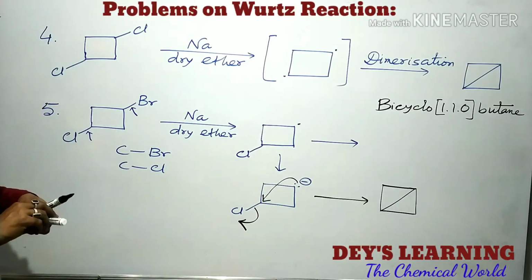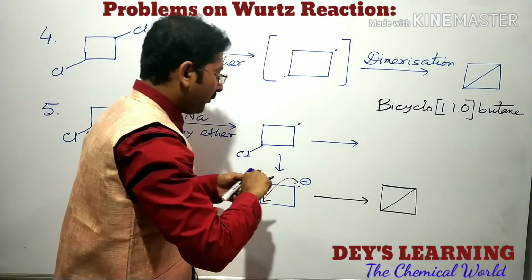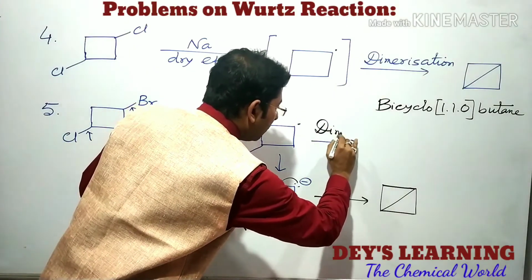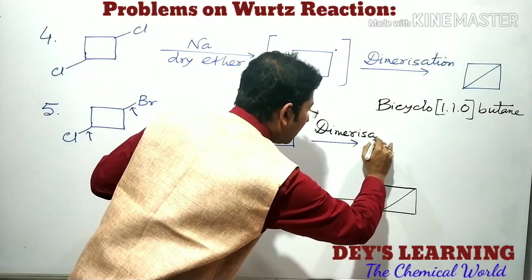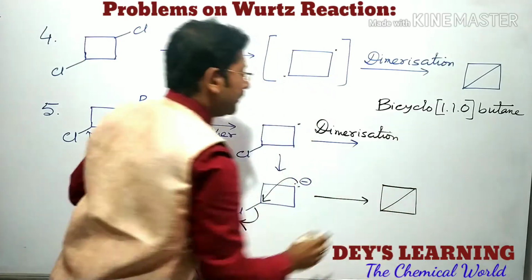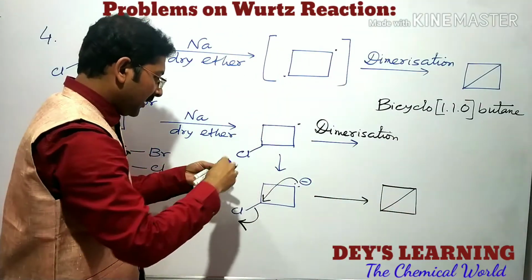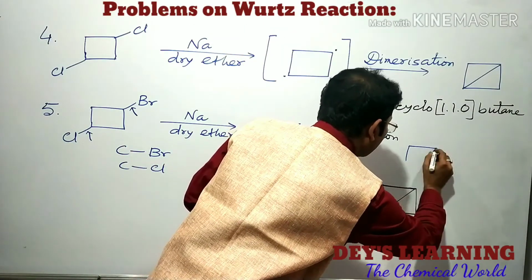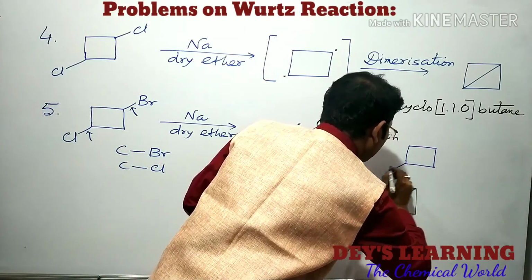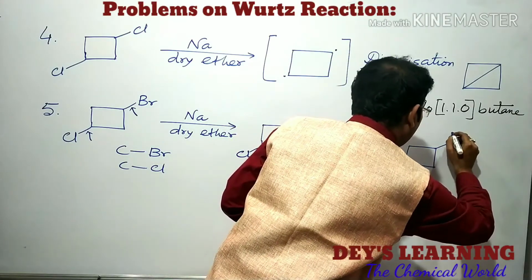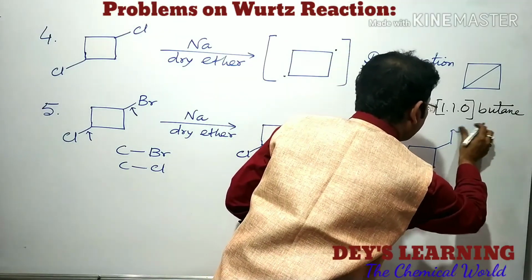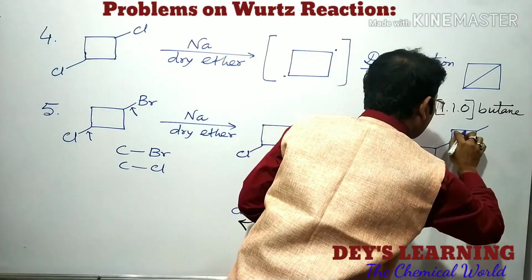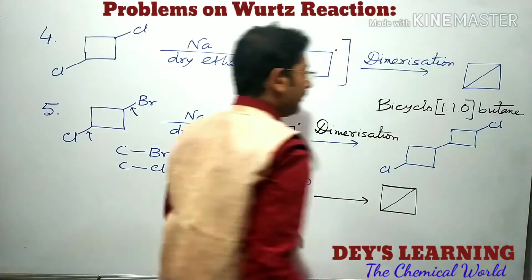And another thing is possible there. There is a possibility of dimerization of this free radical. On dimerization of this free radical, we will get the product like this. This one is Cl. If we dimerize with another cyclobutane free radical, we'll get this product.